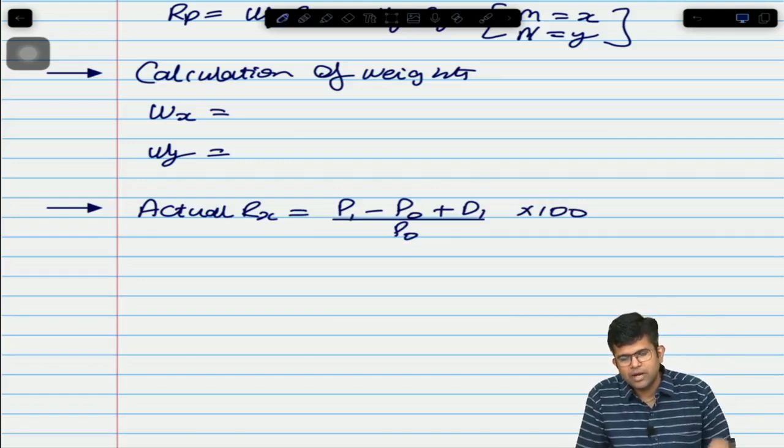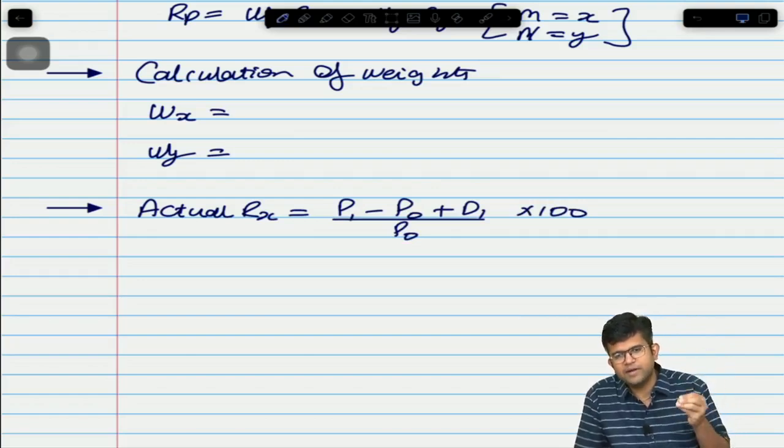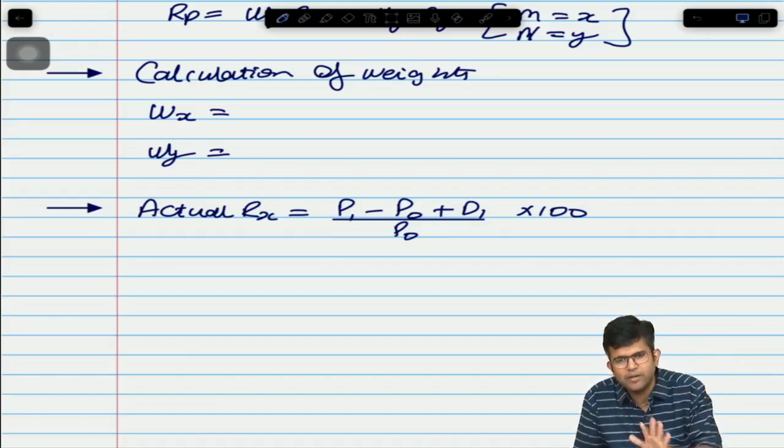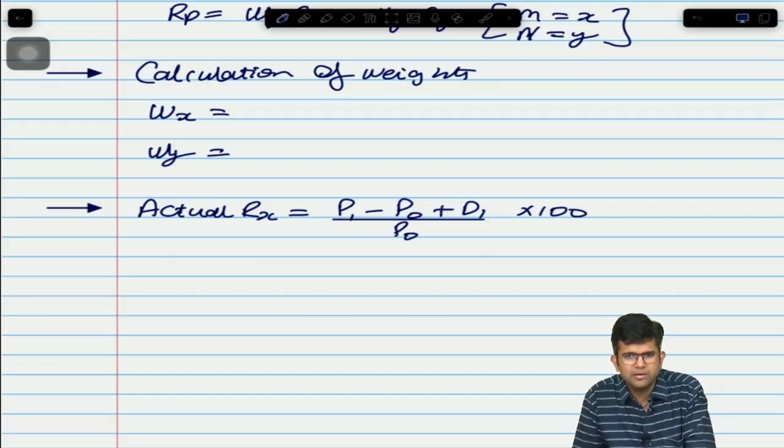Everyone clear, no? Last year, if someone asks you what the share gave you last year, I hope you understand. You will say it gave me P1 minus P0 plus D1 upon P0 into 100. Is it making sense? Hello? All following, no? Sandeep clear? Okay. Kusuma clear? Okay. Now, Tanisha, Raghunandan understood, no? Okay.